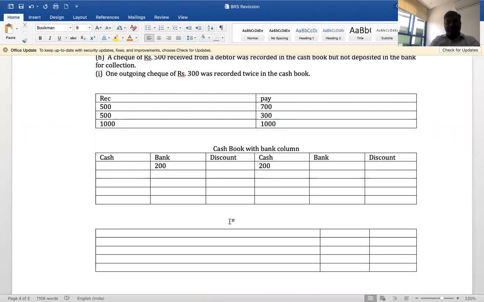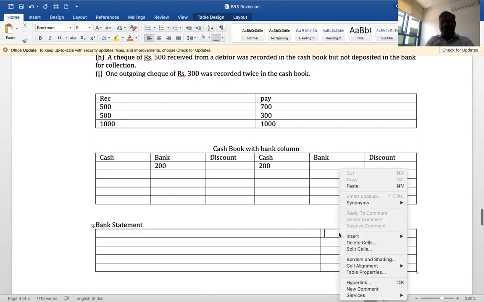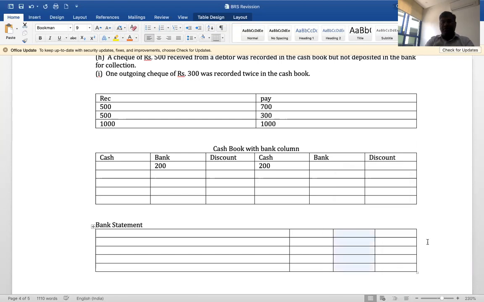Let us say this is a bank statement. Okay, a bank statement. This is how a bank statement looks, right?